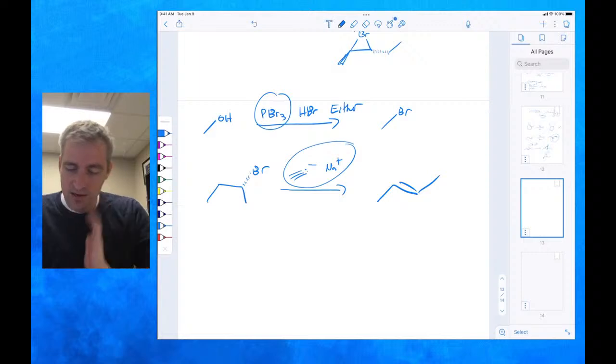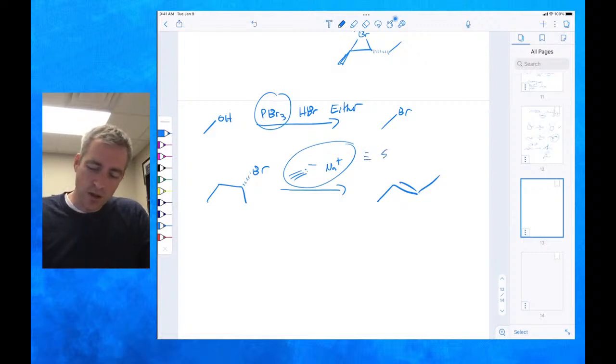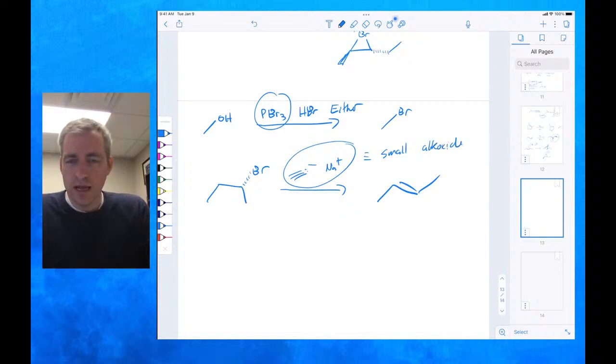Think in your head, it's equivalent to a small alkoxide. They will do SN2s if you react them with a primary alkyl halide, but this one's secondary. This is going to do E2. Just think of that negatively charged triple bond carbon, that alkynide, as the same as a small alkoxide. It'll do the exact same chemistry.